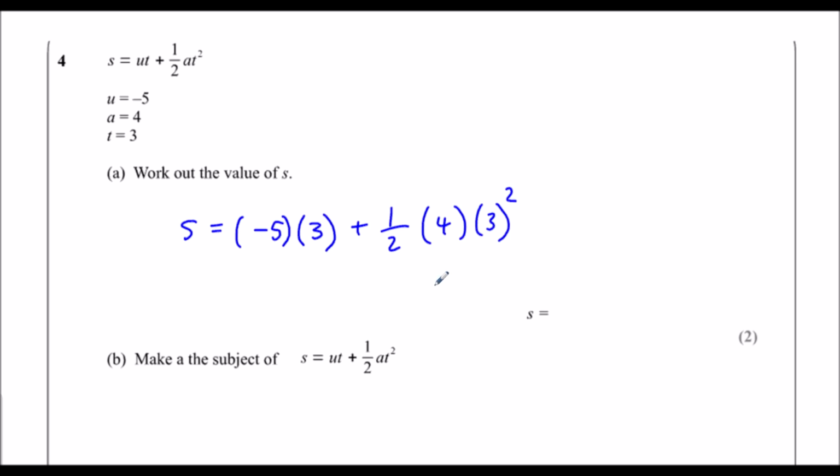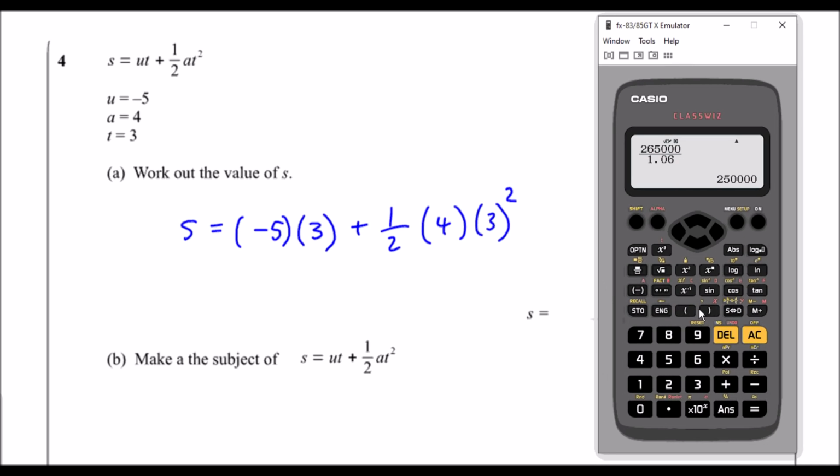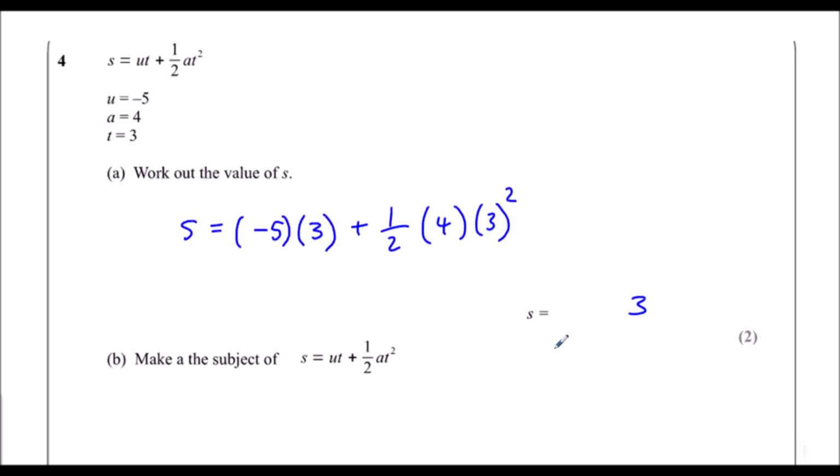Then we can just type this into the calculator. So -5 times 3 plus half times 4 times 3 squared. So that's 3. s is 3.